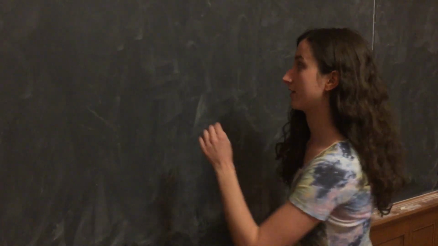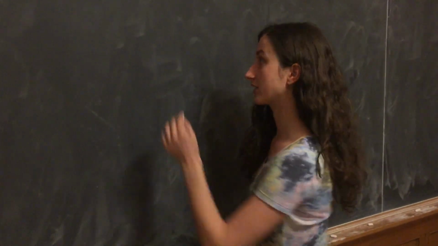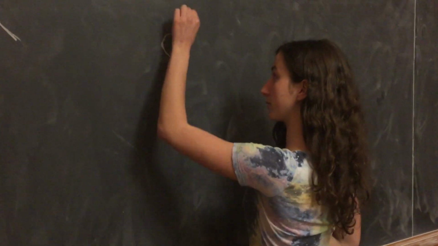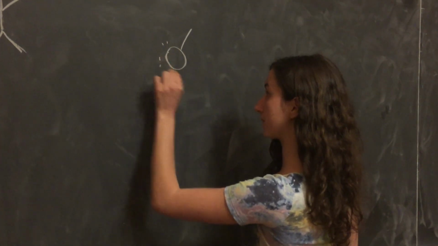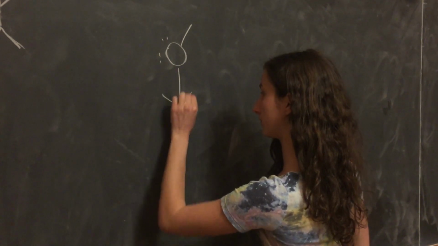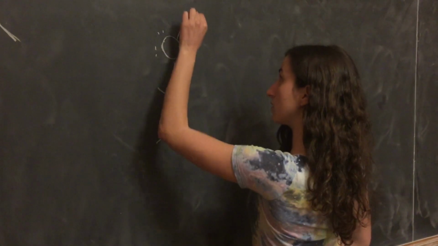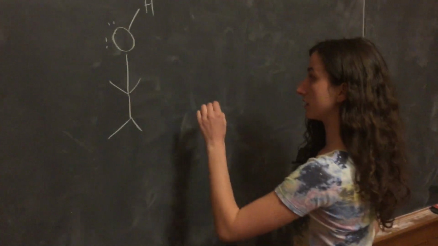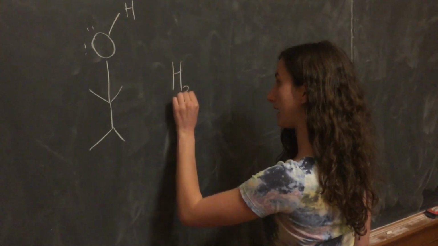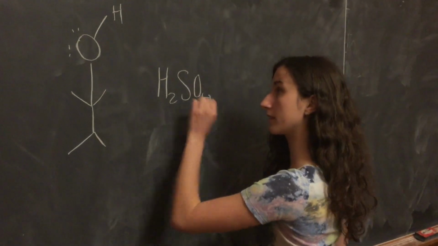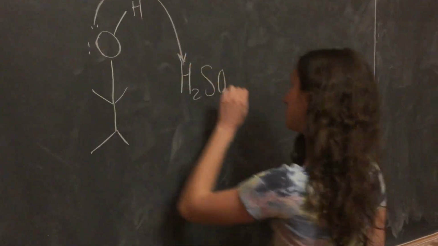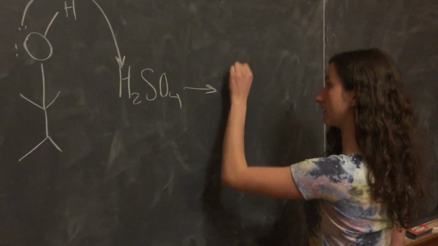Another way to form an ether is through SN1 reaction. So this time we're going to start with a tertiary alcohol. So this alcohol is going to be protonated by a strong acid to make a good leaving group.